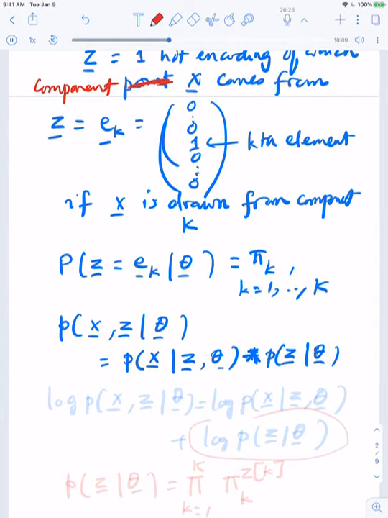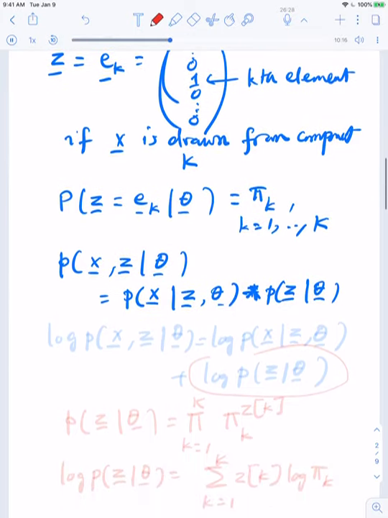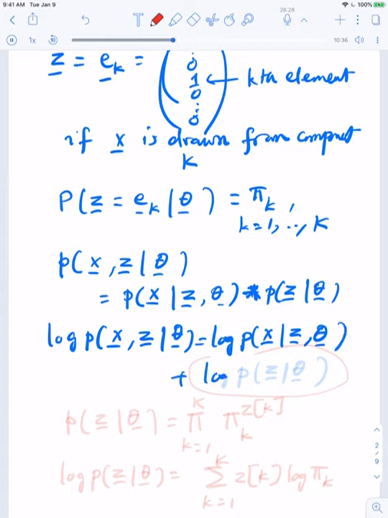Now, the beauty of this is that both of these, by virtue of the one-hot encoding, can be written linearly. That's one part of it. And the other part is, of course, that when I take the log, the product becomes a sum: log of p of x given z and theta, plus log of p of z given theta.